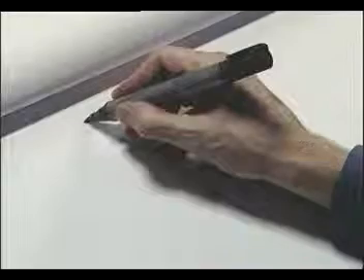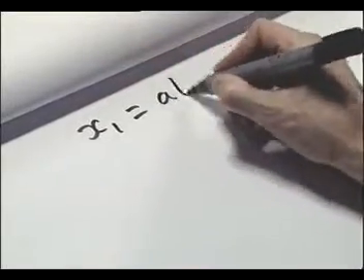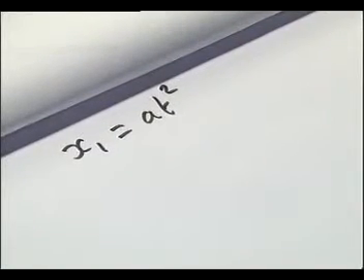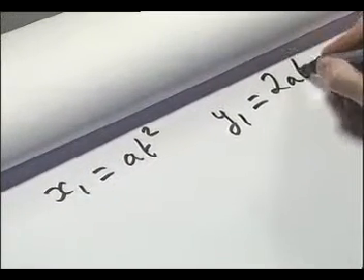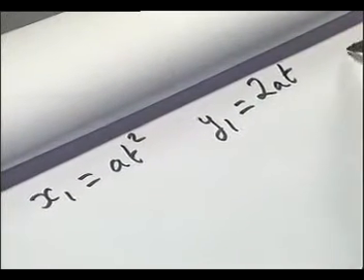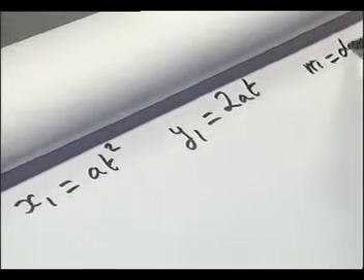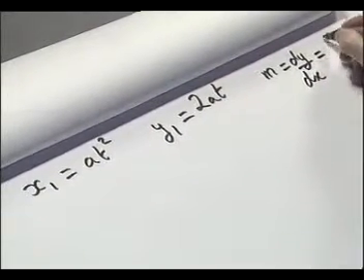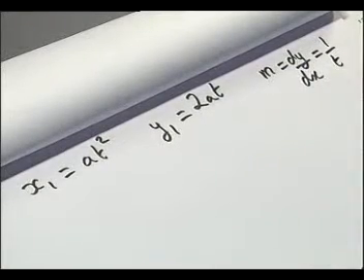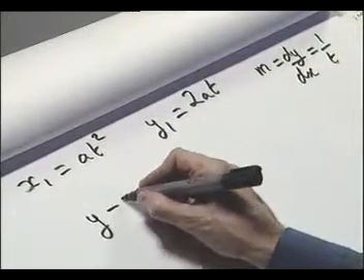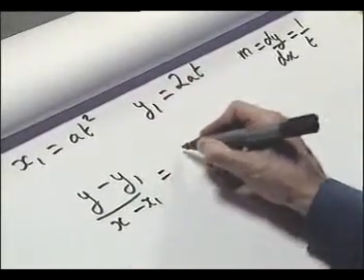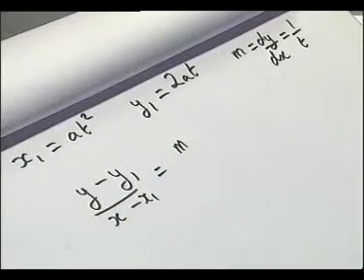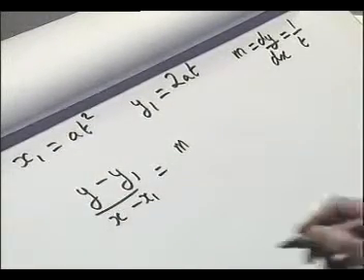So let's write down that information again. Our x1 was the point on the curve, x = at². Our y1 was 2at, and our gradient, m, which was dy/dx, was 1/t. The standard equation of a straight line, given a point on the line, (x1, y1), and its gradient, m. And now let's substitute that information in.